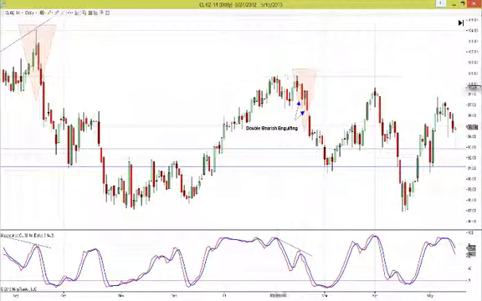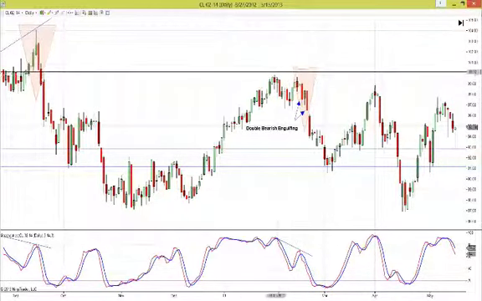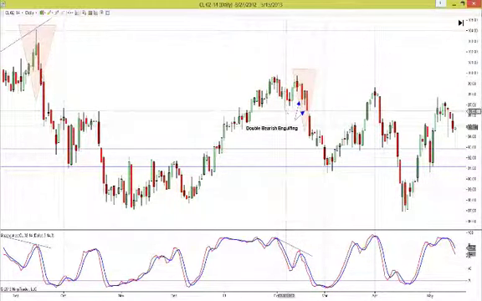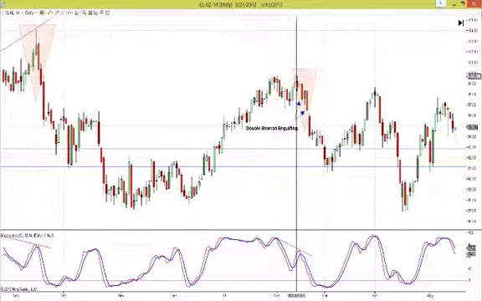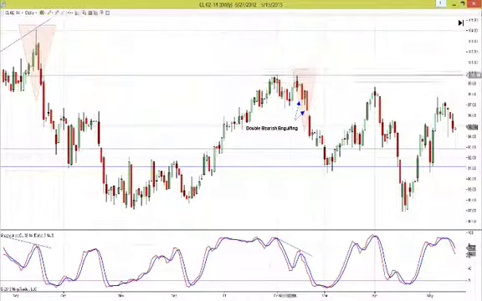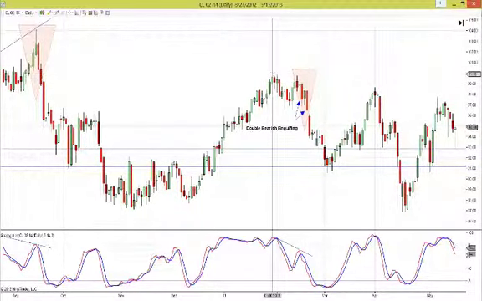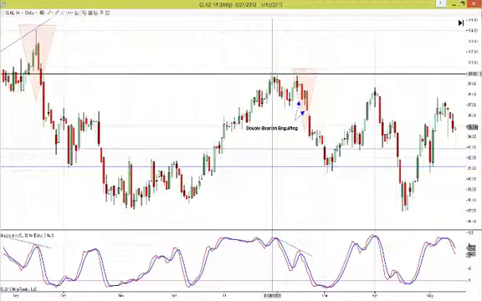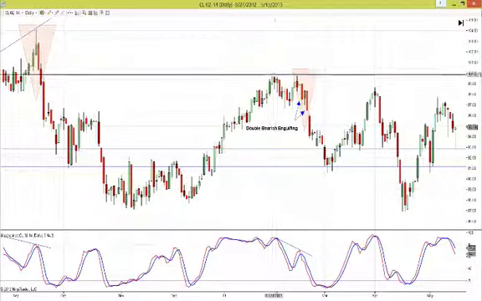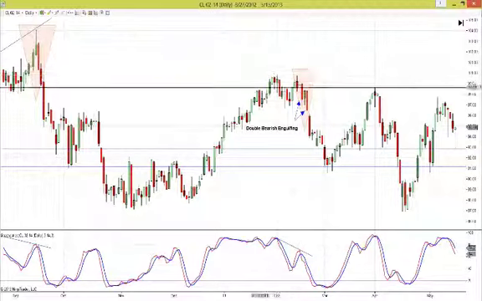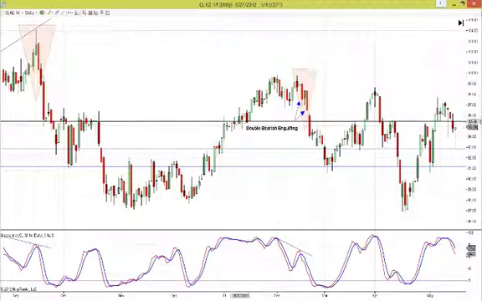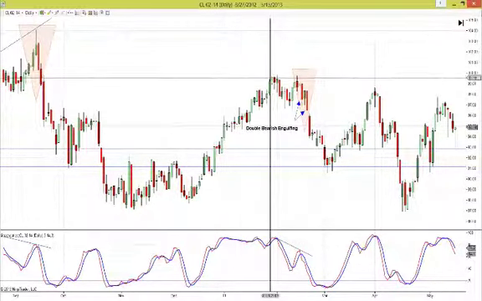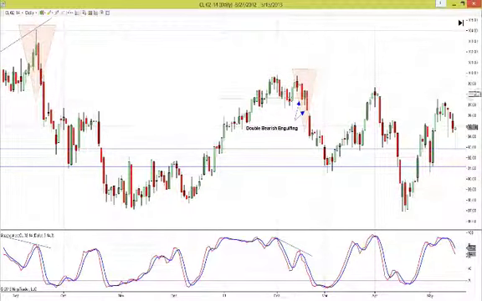A double top is nothing more than a rally that drops and goes back up again, but cannot penetrate above the previous high, making it a double top. And if you can see, the double top is characterized by making an M form. See this? That would make an M.